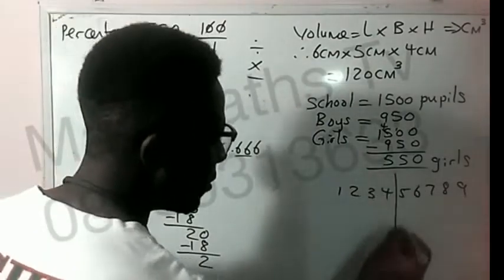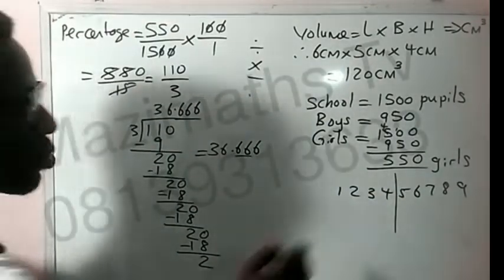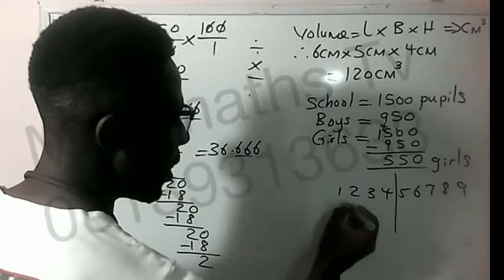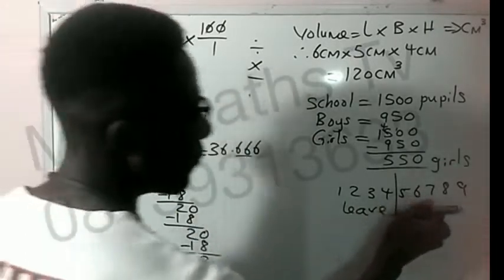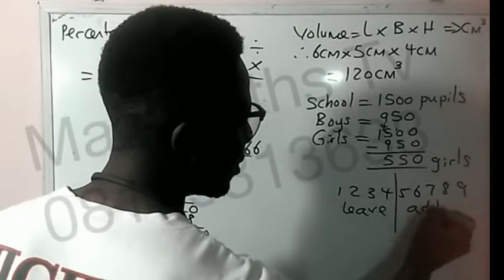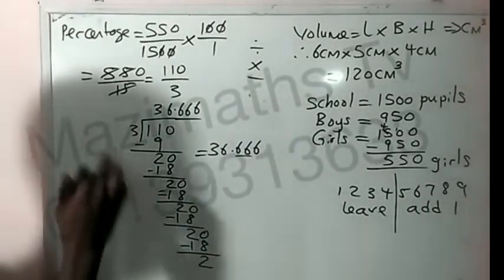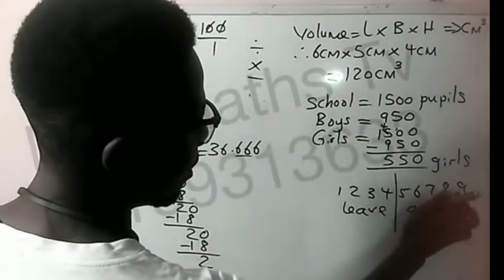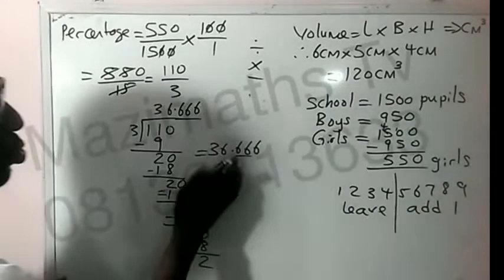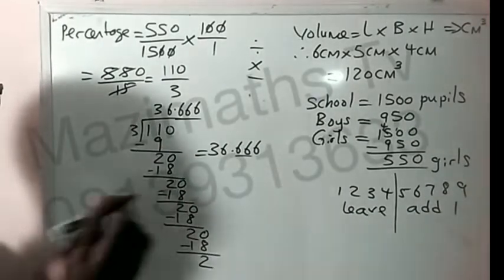From 1 to 4, you leave the number. From 5 to 9, you add 1 to the second decimal digit, since we are correcting to 2 decimal places. This 6 falls in the upper group, so you are going to add 1 to the 2 decimal digits you have.